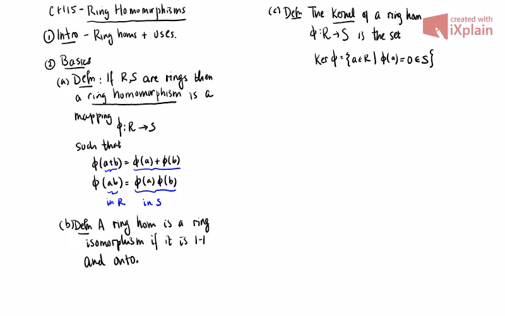So let's look at a few examples. The mapping phi from Z to Zn given by phi of x equals x mod n.